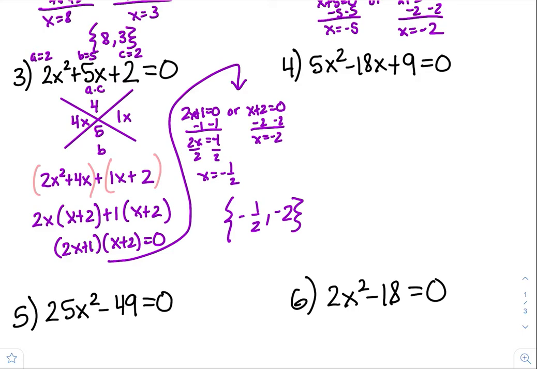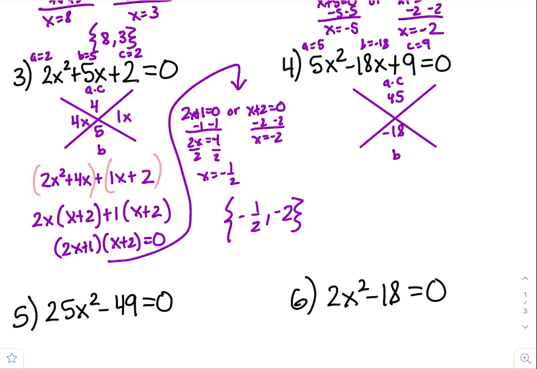Alright, number 4. Now, there's nothing you can divide into all of them, right? So now we're just going to write our coefficients. So a is 5, b is -18, c is 9. We're going to do our x method. So a times c is up top, b is on the bottom. a times c is 45, b on the bottom is -18.